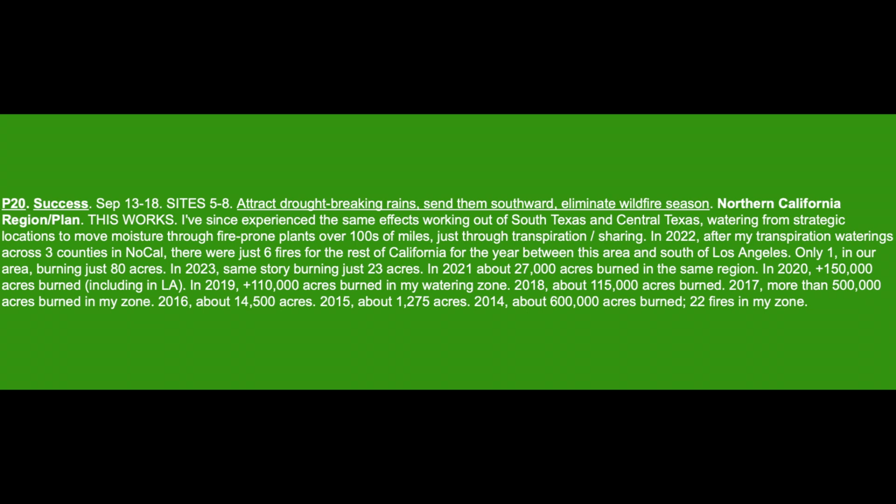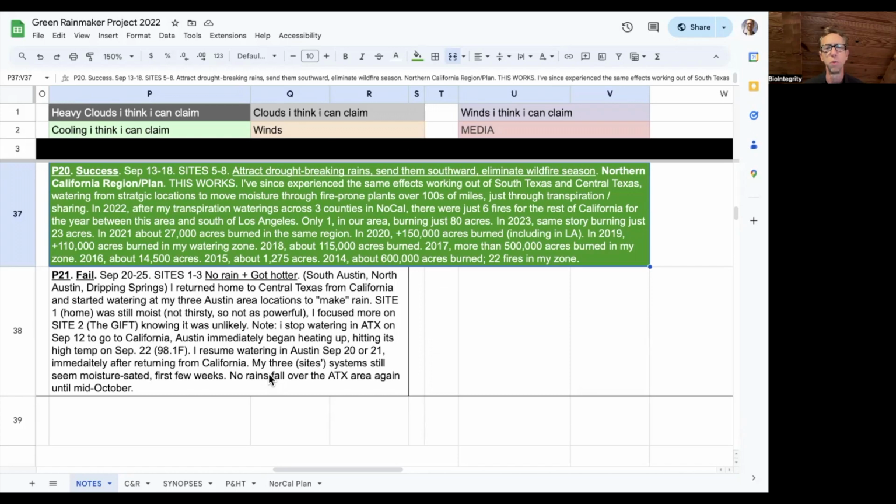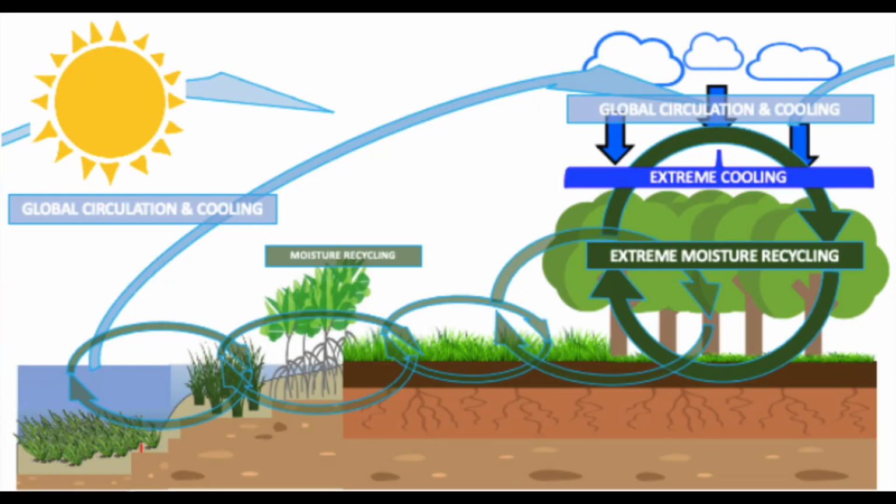I drove through the area and looked at those fires and their impacts. And I have since experienced the same effects of eliminating wildfire possibility working out of South Texas and Central Texas multiple times. What I'm doing is watering from these strategic locations to move moisture through fire-prone plants over hundreds of miles, depending on their connectedness or their intactness. And they do this just through transpiration and moisture sharing.